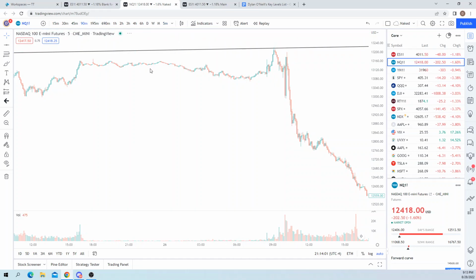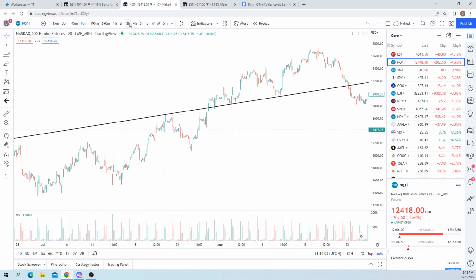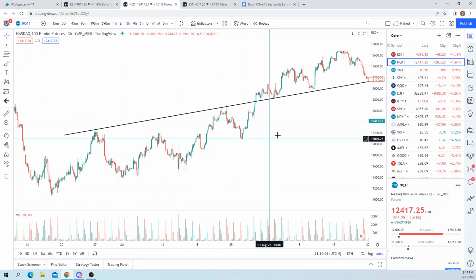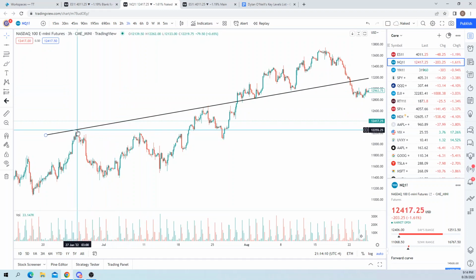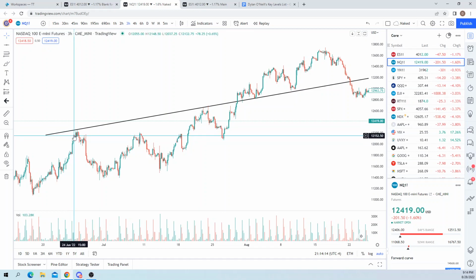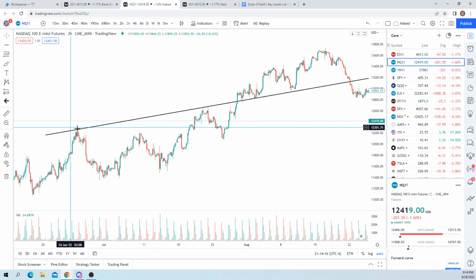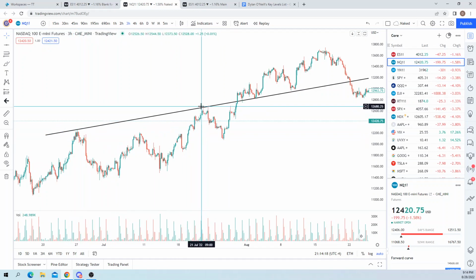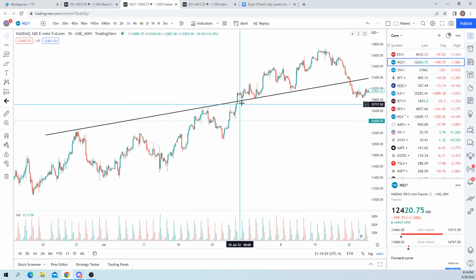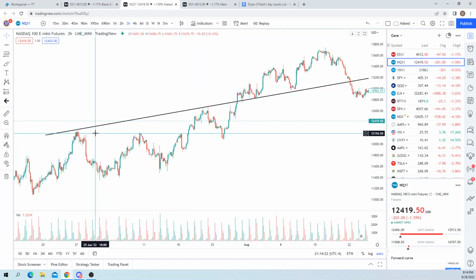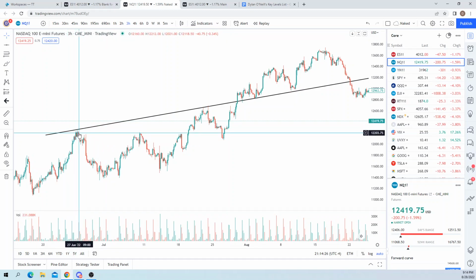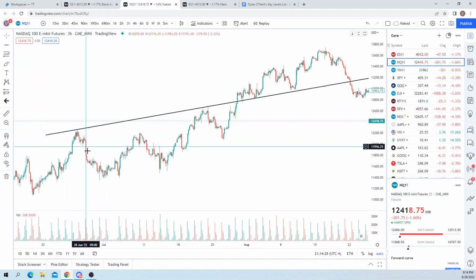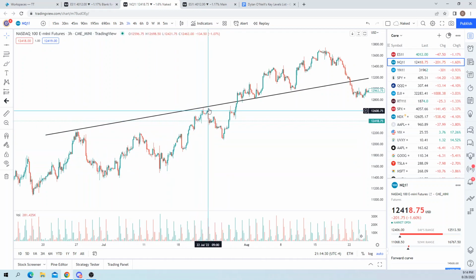So if we look at a 90-minute chart, I'll do 3 hour actually, you could see that this trend line acted as support and resistance since June 27th. So you could see here, every time price hit that trend line, buyers and sellers were active. First, the sellers had control, and every time price would come up to that level, they would reject price and push it lower, right? See 3 times.